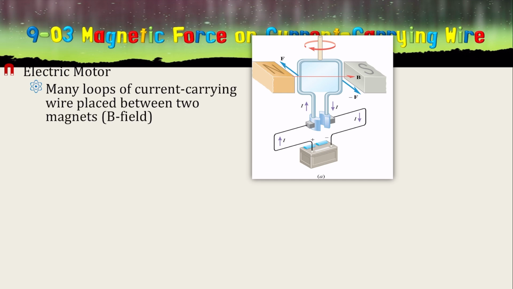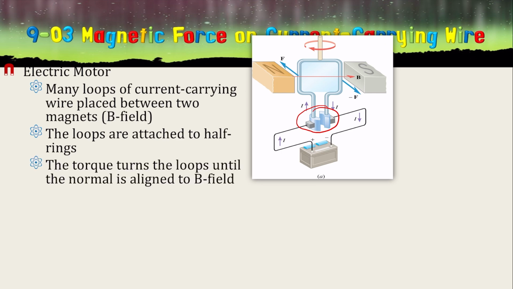So this gives us an electric motor. There's many loops and they carry current and they're placed between two magnets, so they're in a magnetic field. These loops are attached to half rings. So what happens then is the current goes up to the loop. The torque turns the loop until the normal is aligned with the magnetic field.